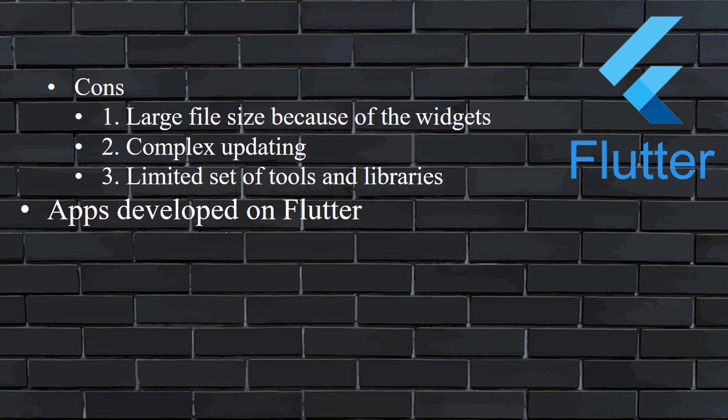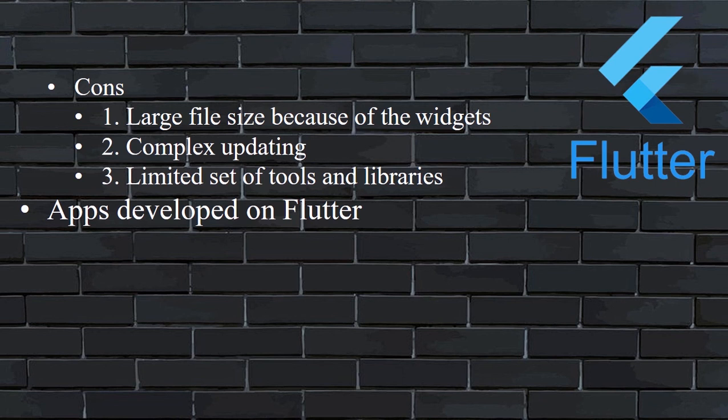If we look at the libraries of Flutter, each library has its own functionality. There are a lot of libraries, but each library has only one functionality or method. This is why Flutter is said to have a limited set of libraries, according to the disadvantages.